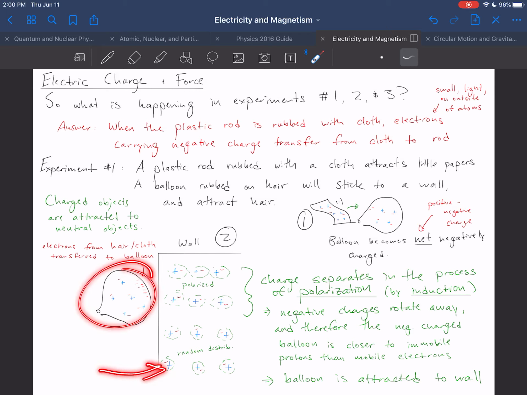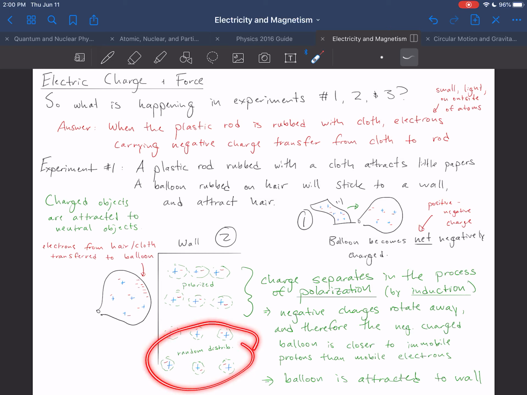Notice away from the balloon, it's still sort of a random distribution. So near the balloon, the positive charges are closer than the negative charges. So even though the wall is neutral, there is a stronger attractive force between the extra electrons in the balloon and the positive charges in the wall than there is a repulsion between the extra electrons in the balloon and the negative charges in the wall.